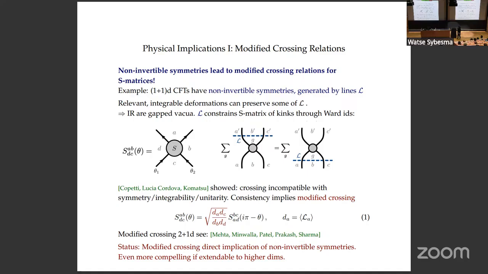So what they found is that if you have this standard scattering of kinks in these theories, then the Ward identity with these symmetry generators imposes that there's not a standard crossing relation, but it gets modified by this quotient of dimensions of these topological defects, which doesn't have to be 1. So this is really changing how you solve crossing. There's also a similar thing in a paper by Minwalla and others in 2+1D, where they scatter anyons, so one-dimensional topological defects. So this is clearly a very exciting area to explore further.